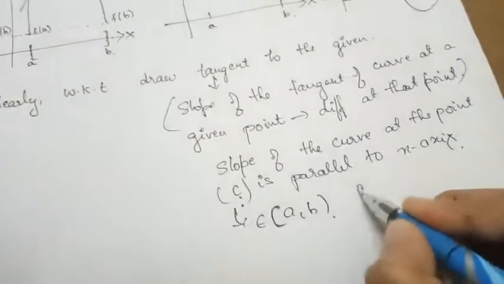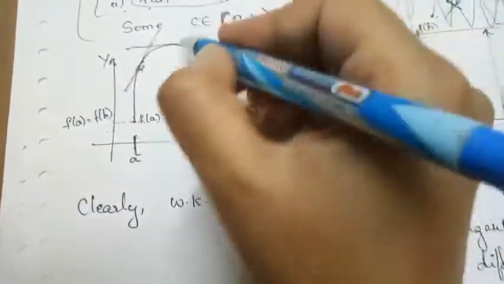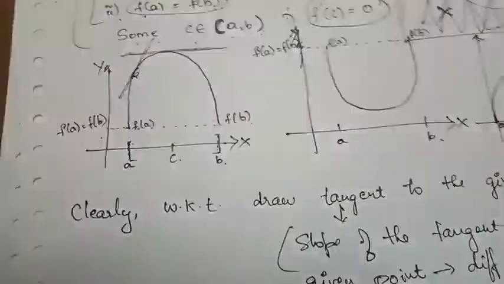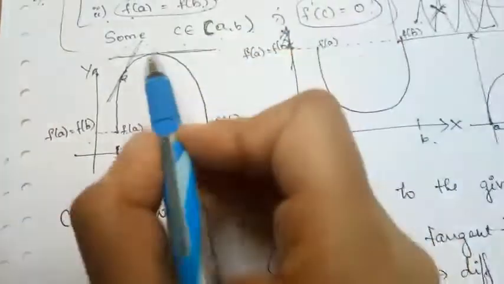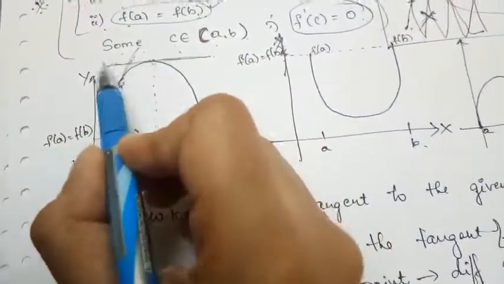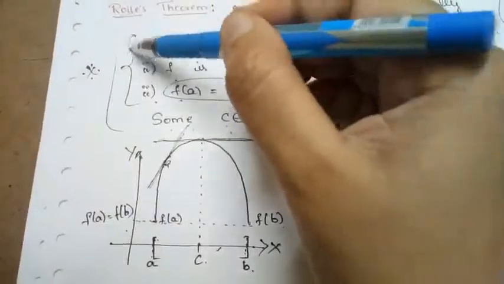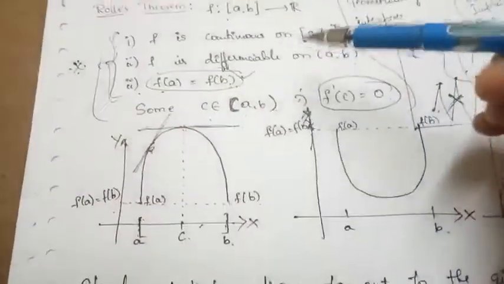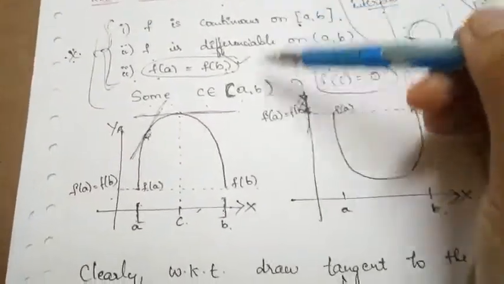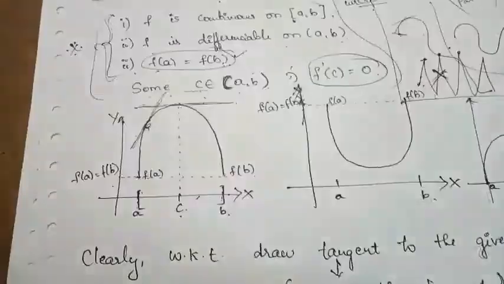That is f dash of c is equal to 0, because there exists some point, say c, which is belonging to A comma B. Clearly at this point c, the tangent to the curve is parallel to the x-axis. So obviously in these types of curves, the curve which is satisfying the three statements of Rolle's theorem has one point, not only one point, there exists some point, it might be more than one.